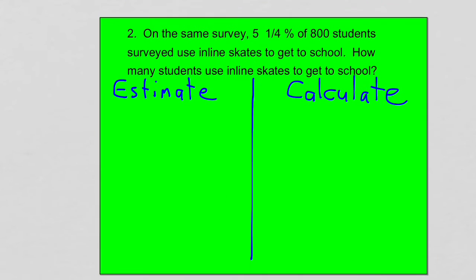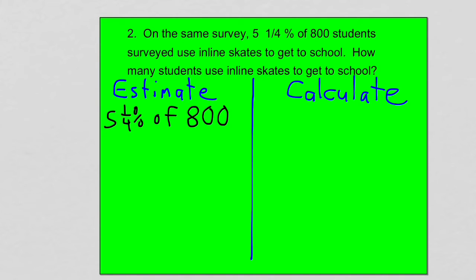So we'll start with the estimate, and we want to estimate 5 1/4%. You know what? I'll do my estimating in one color and calculating in another. There we go. So we'll do 5 1/4% of 800. And remember, when we're estimating, we want to round off to reasonable numbers.